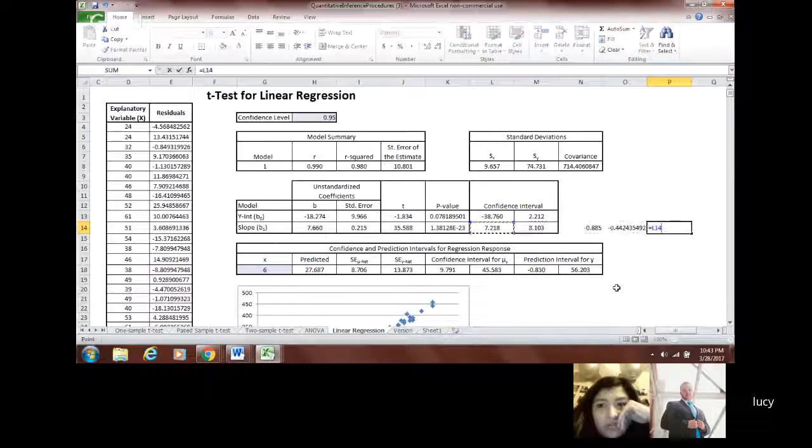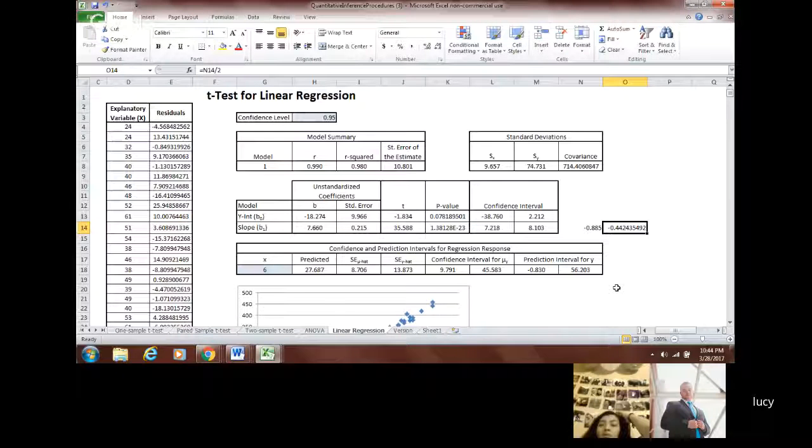Wait, the standard deviation is right there. And Z is right there. So would it be T?